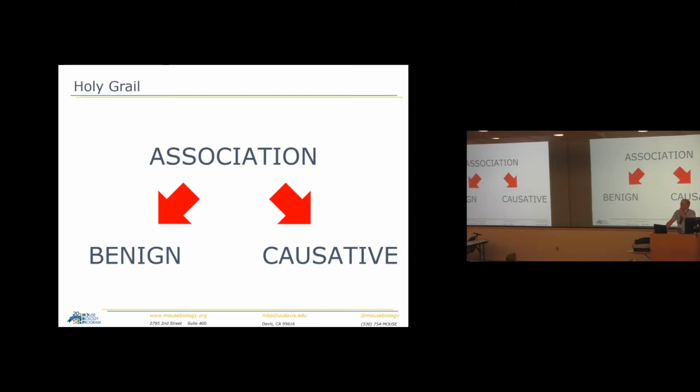So when it comes to genotype, phenotype, genetics in general, and how we use genetics, be it in human medicine or in veterinary medicine like myself, this is kind of the holy grail. It's being able to take an associated marker, an associated variant, or some association, and decide whether it's of no consequence, it's benign, it's passenger, or it's causative of disease.